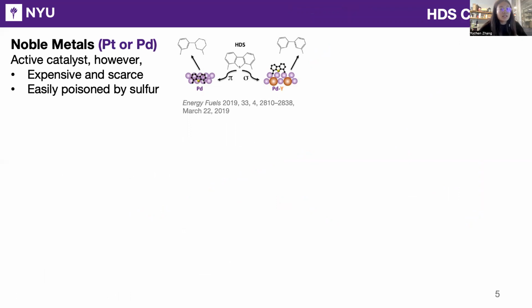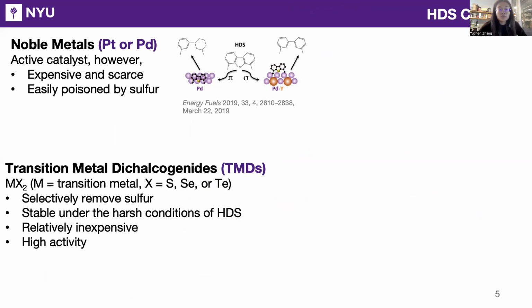Although noble metal catalysts such as platinum or palladium are active catalysts for HDS, they are considered expensive and scarce. More importantly, sulfur will easily poison the noble metal catalysts.